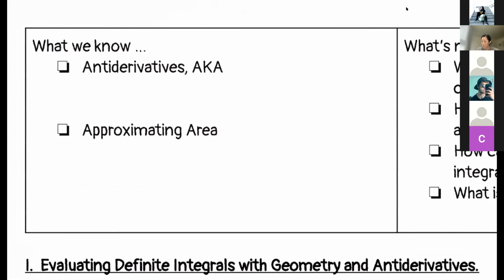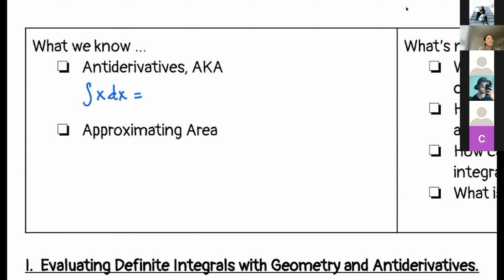Well, so far we know antiderivatives. And in particular, we know that if we have the antiderivative of x dx, anybody remember where that came from?